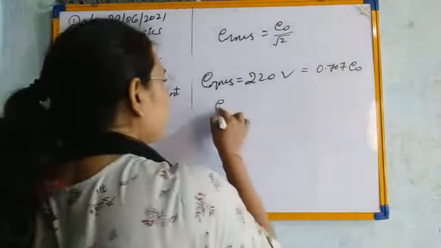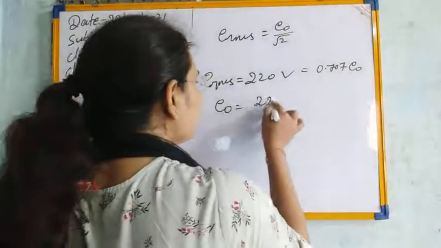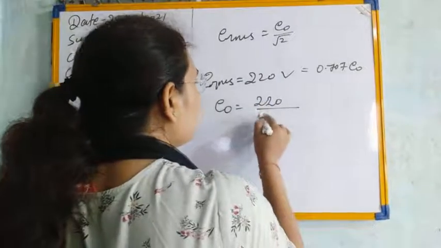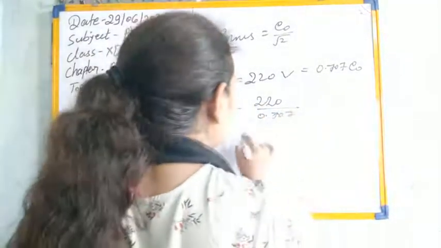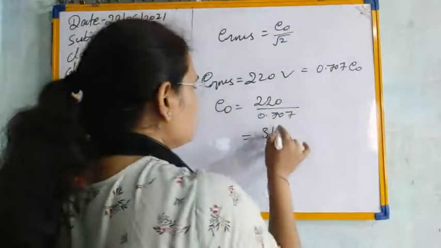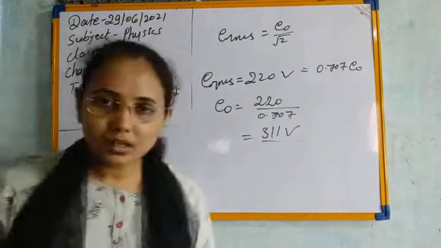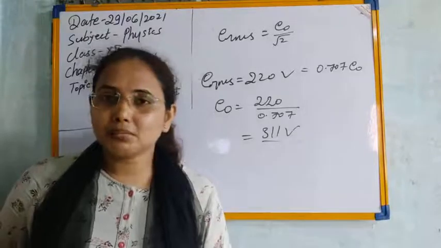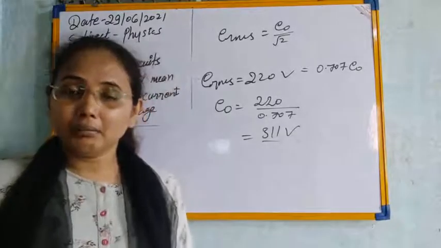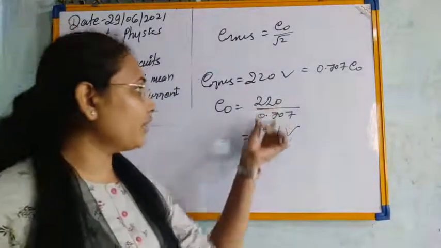Now you can find out the value of E0 from here. So this is equal to 220 upon 0.707, and if you solve this, its value is obtained to be 311 volt. So this is the value of the maximum voltage that is coming at our home for the 220 volt supply.